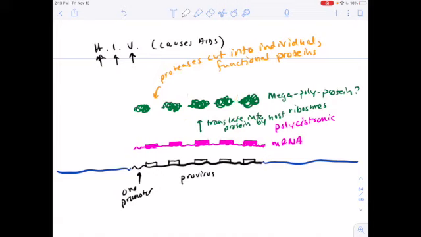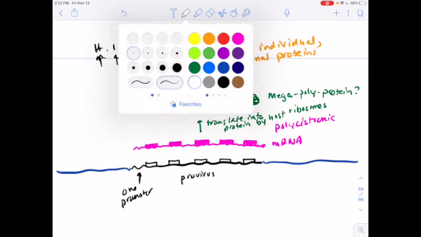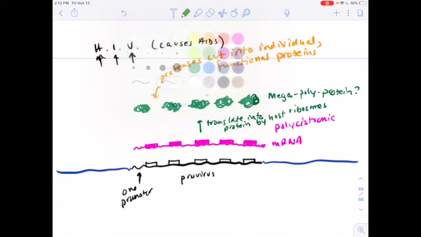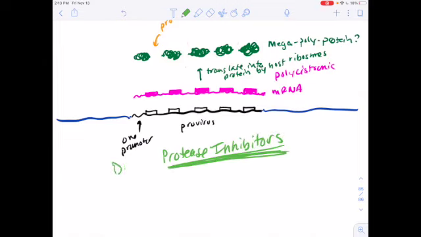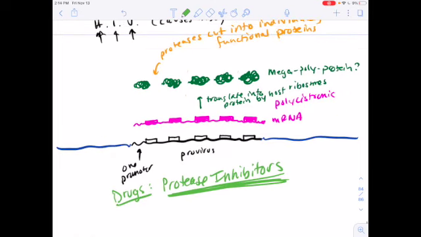There is a class of drugs called protease inhibitors, and what does it sound like they do? They inhibit the action of the proteases.